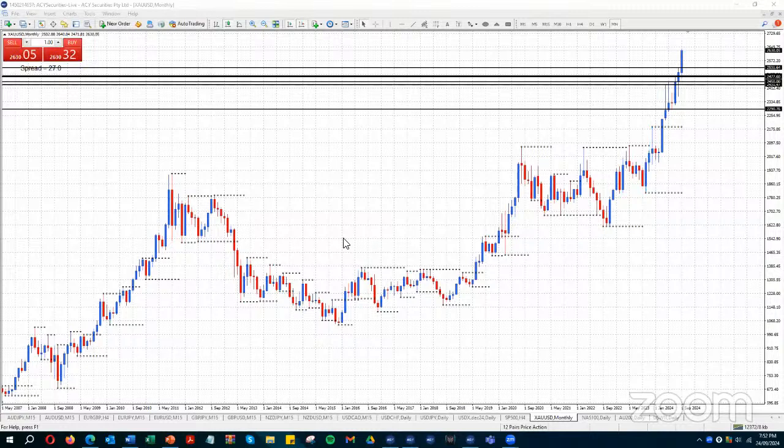If I look at some of these legs historically, there was a kind of a leg here.